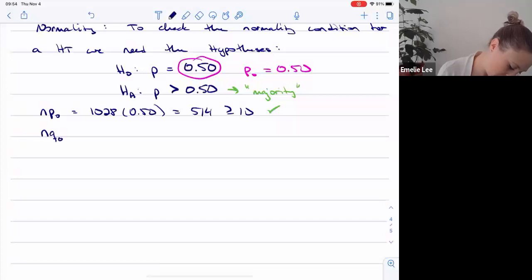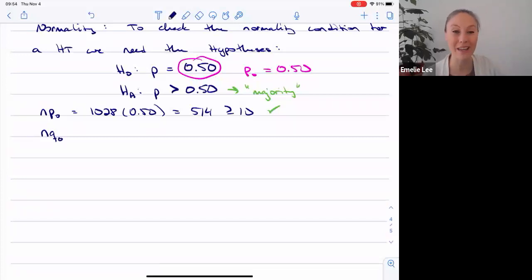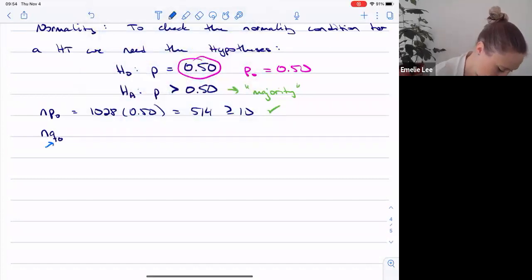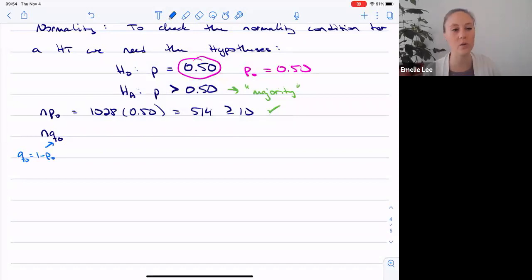N times Q naught, remembering that Q naught is just 1 minus P naught. Those Q's, I use those as shortcuts, and I'm going to start doing that more and more often now because it's good to get used to seeing it.